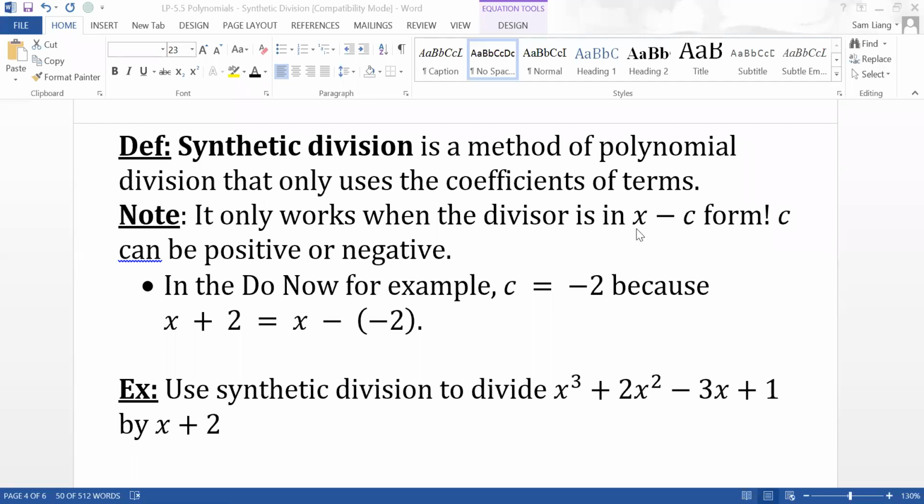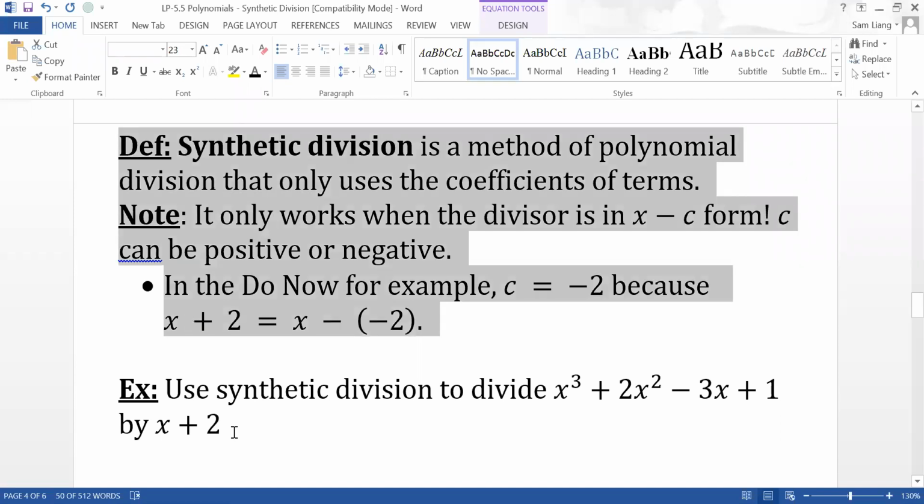And it only works, this is the caveat or condition I was talking about earlier, when the divisor is in x minus c form. For the do now it was x plus 2, so we had to write that as x minus negative 2. For example, if the divisor was x squared plus 2, we would not be able to use synthetic division. Okay, just copy that, and then we will see how to do this via an example.